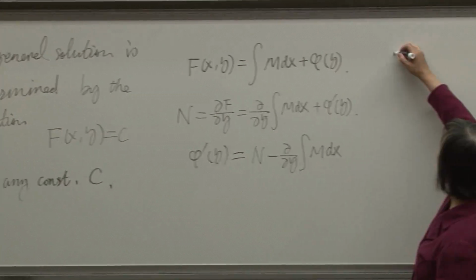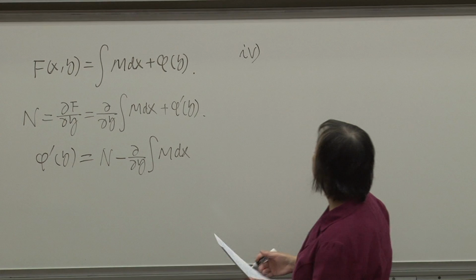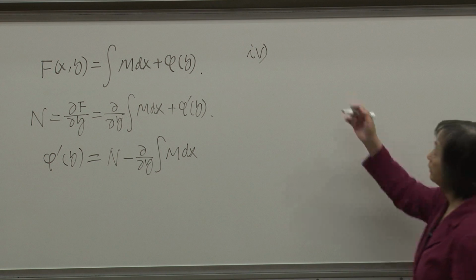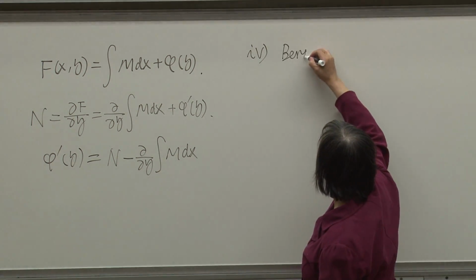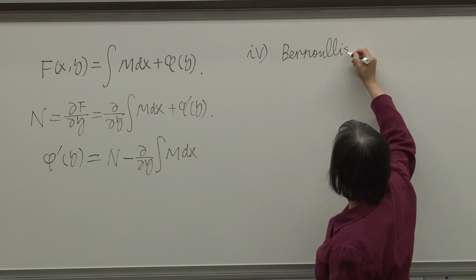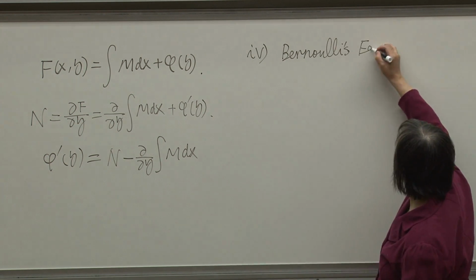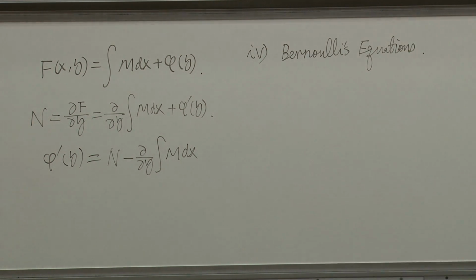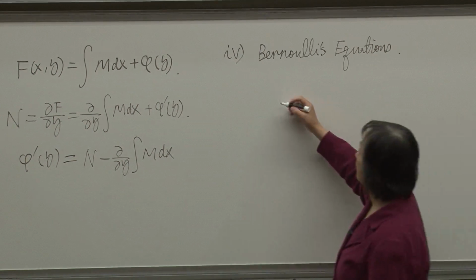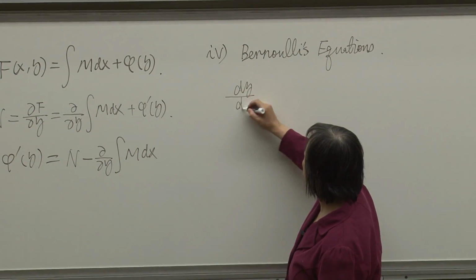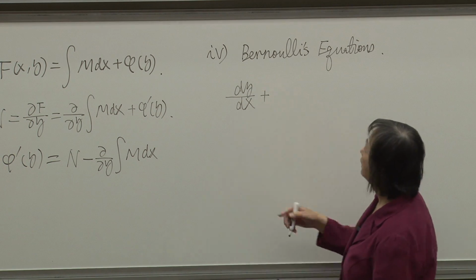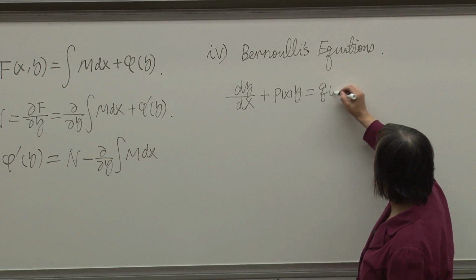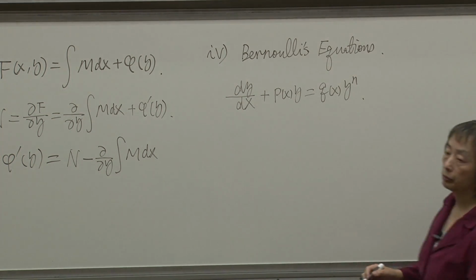Now let's look at the last type of equation we studied on this topic. It's called Bernoulli's equation. A standard expression of a Bernoulli equation is the derivative of y plus p of x times y equal to q of x times y to the nth power.